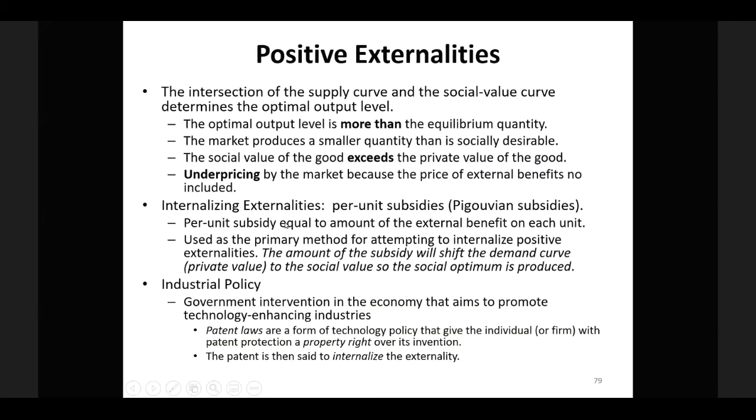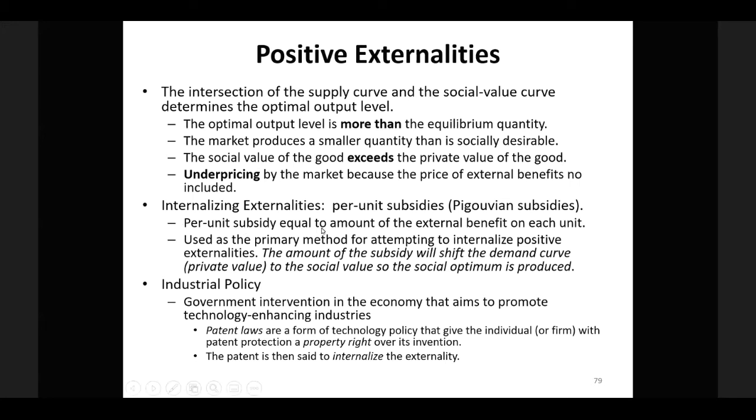So what I've explained right now is internalizing the externality by granting per unit subsidies, what we call Pigouvian subsidies. Pigou is a scholar who came out with this idea of granting per unit taxes and per unit subsidies to solve externality. So we oftentimes refer to these as Pigouvian subsidies or Pigouvian taxes.